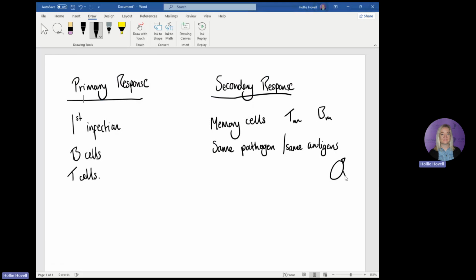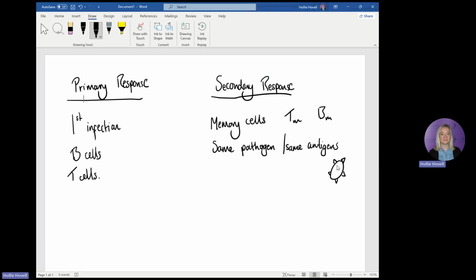So, for example, the influenza virus, you could catch influenza this year and have a primary response and it would have those antigens, but by next year those antigens might have mutated and be a different shape. So even though you'd think, oh, I've had flu before, I should be on my secondary response now, I shouldn't get it so bad, actually in the case of the flu you would get it just as bad because they mutate so fast.